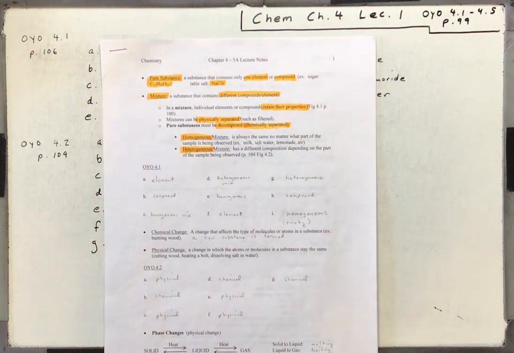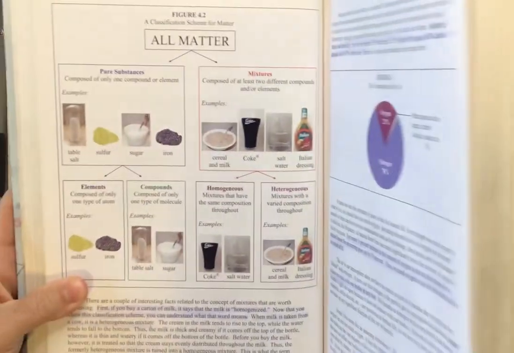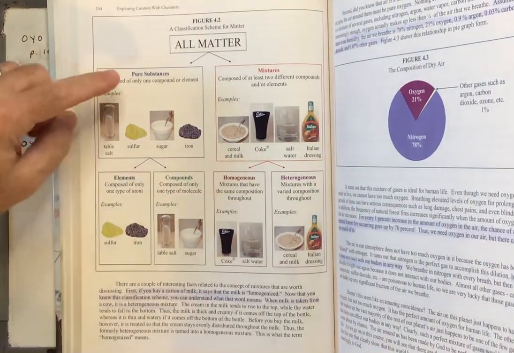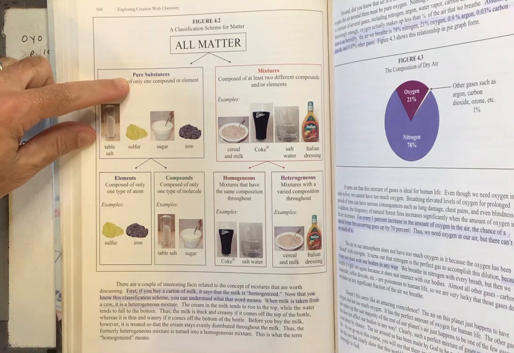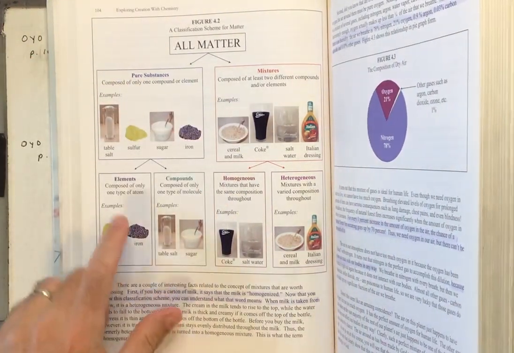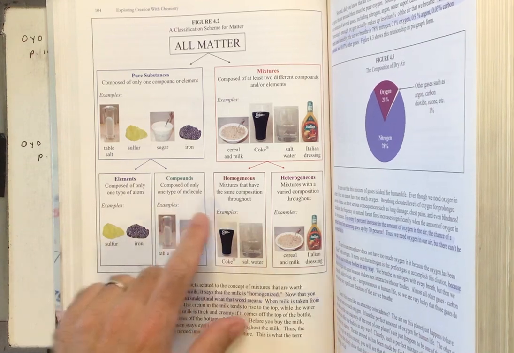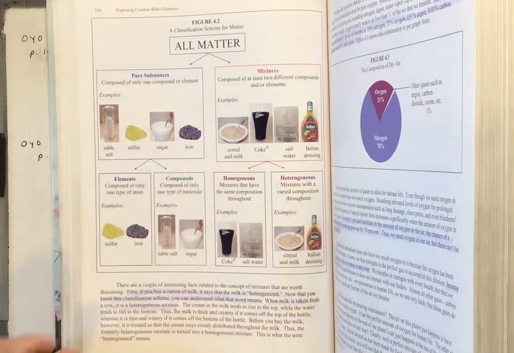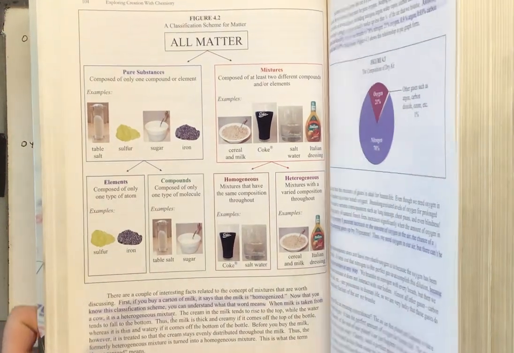So if not all of this makes sense, there's a really good graphic in the book on page 104 where it goes through pure substances, gives examples, mixtures, the difference between an element and a compound, a homogeneous or a heterogeneous mixture. So look over this graphic on page 104.